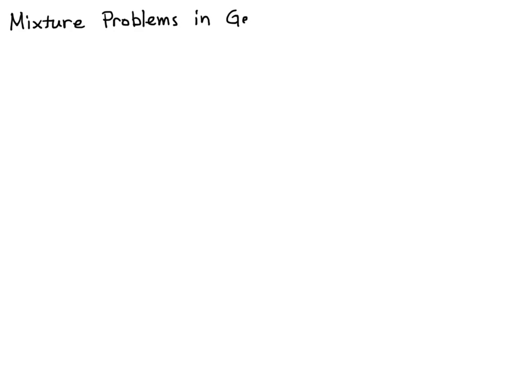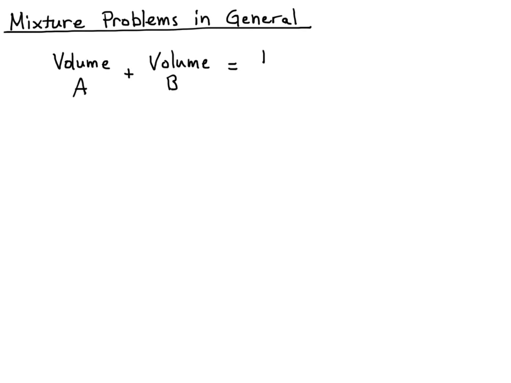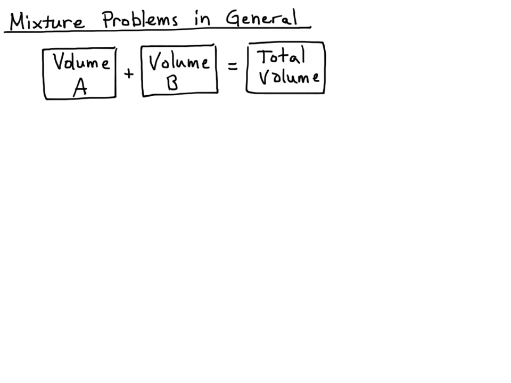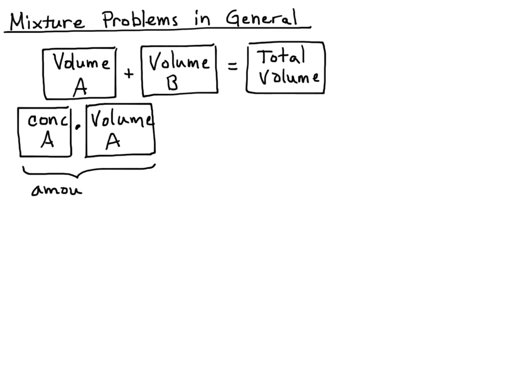Okay, so let's put this in a little bit general context here. We have a volume of A and a volume of B. We mix them together, we get a total volume. And then that second equation is we have a concentration of A times the volume of A. So that's the amount of the ingredient in A. It's not the amount of A, A is a volume.